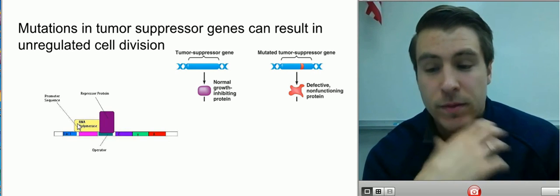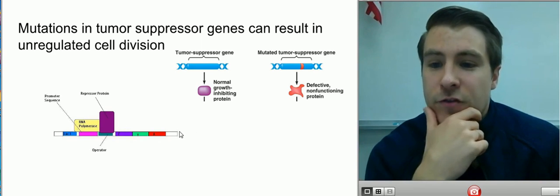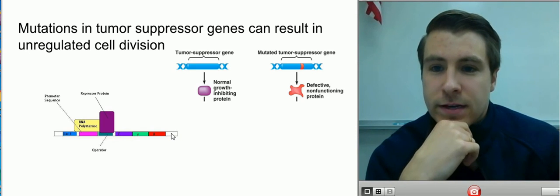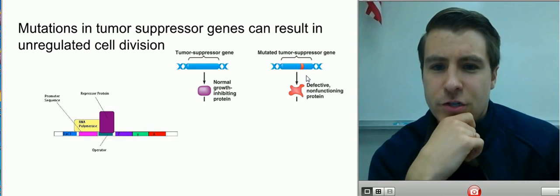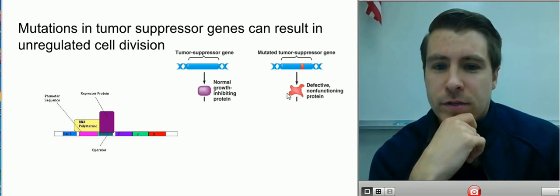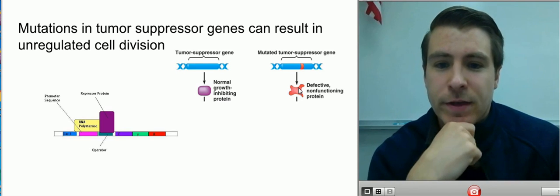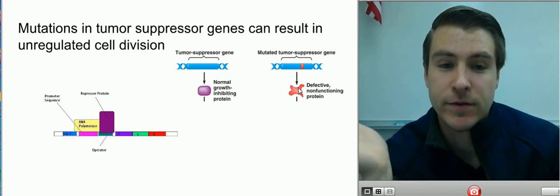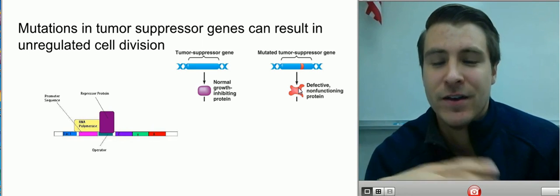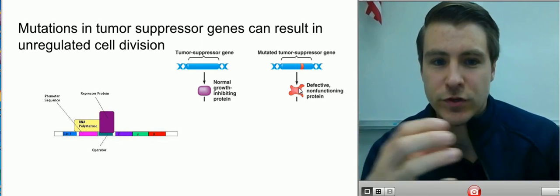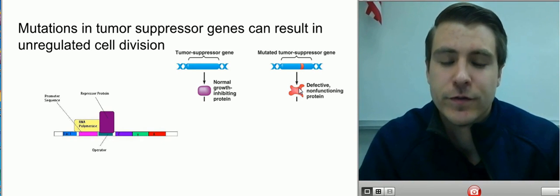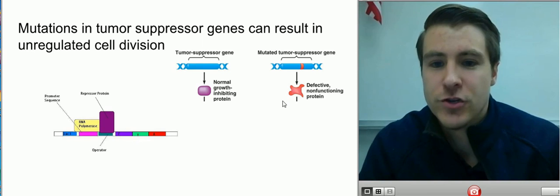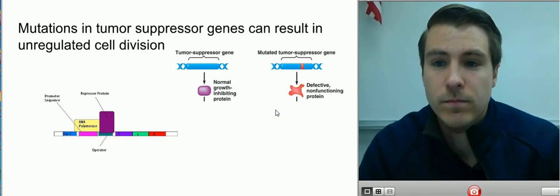And the RNA polymerase is free to move forward and translate the RNA into a protein, and cell division moves on. And so you can see that a misshapen tumor suppressor fails to inhibit cell division. And if you fail to inhibit cell division, you have unregulated cell division, which leads to tumors and to growing masses of cells inside the body, which of course, as we said before, damage the body and damage our organs and can lead to death.